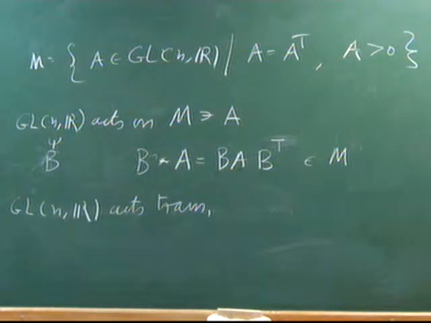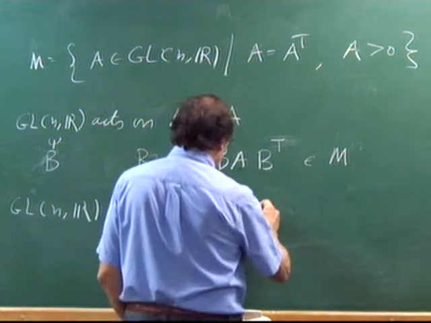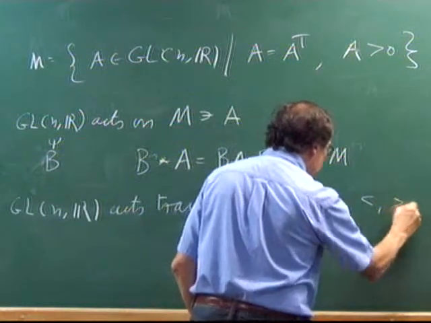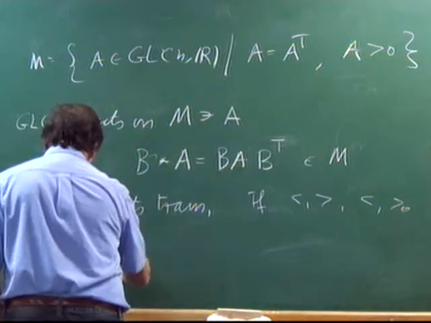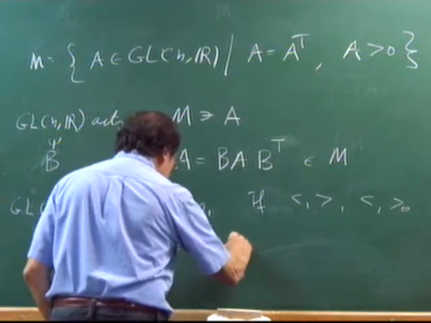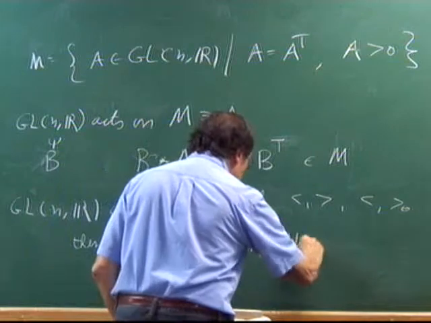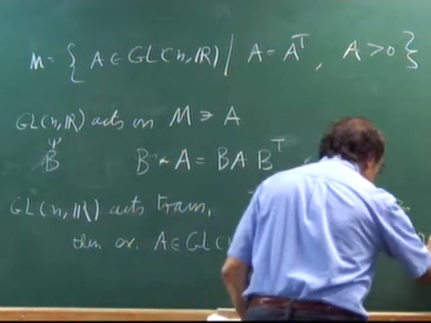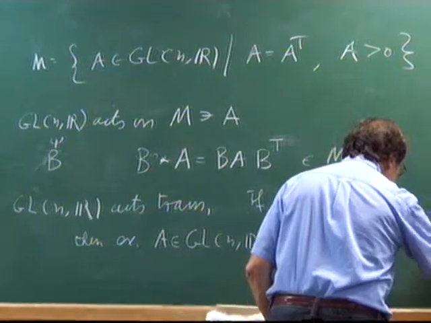Maybe a more geometric way to view it, where I don't have to take any normal form. If I have two inner products, then there exists an A in GL_n(R) that takes an orthonormal basis to an orthonormal basis.